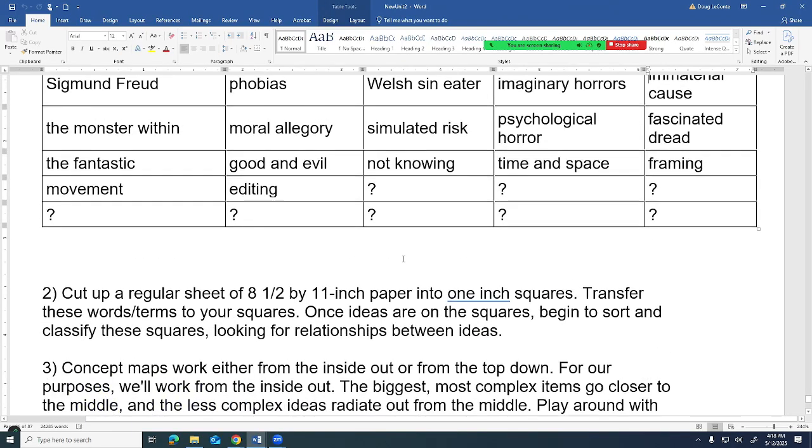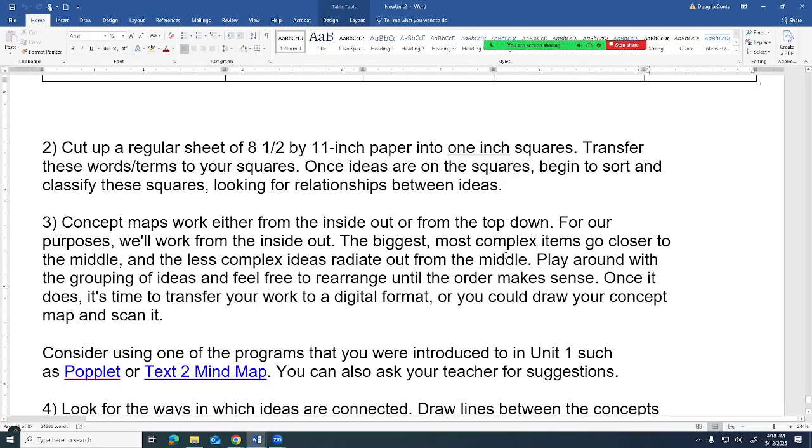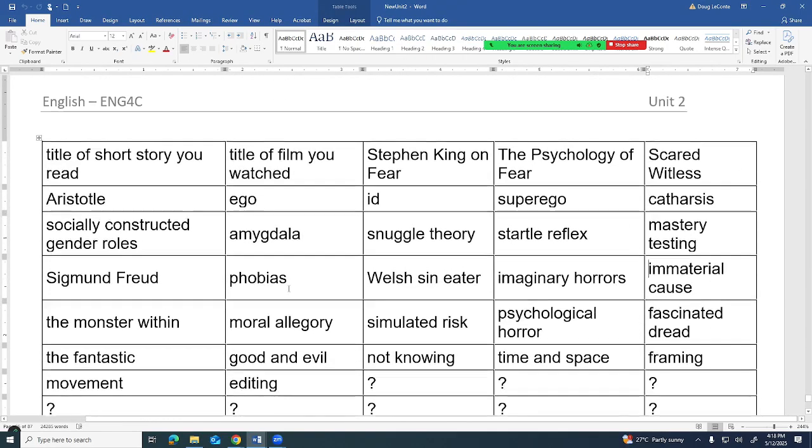Okay, so yes, you want the most complex items to go closer to the middle. All right, so in this case, the most complex items would of course be the theories, the three articles, Sigmund Freud, for instance, even Stephen King.